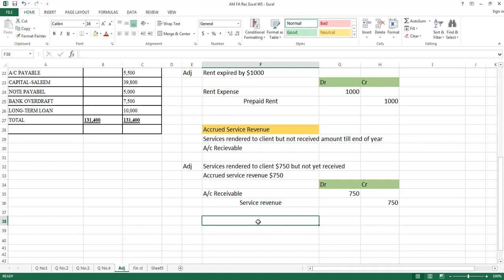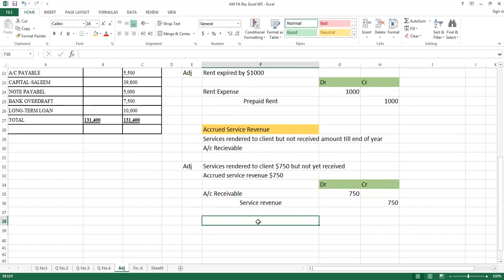Account receivable is debited because we have to collect this amount from customers. And those students who are good in basic accounting know that account receivable will come on the debit side when we have to receive an amount from a client, and service revenue will appear on the credit side when we claim that this is our income and we have to receive it in future.